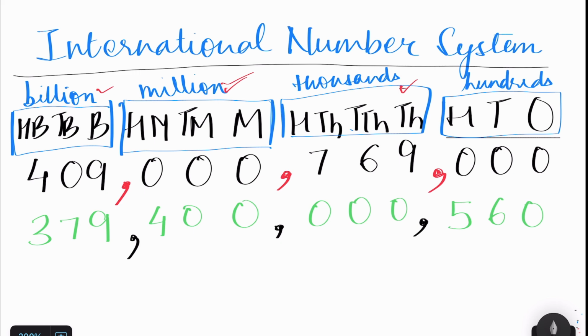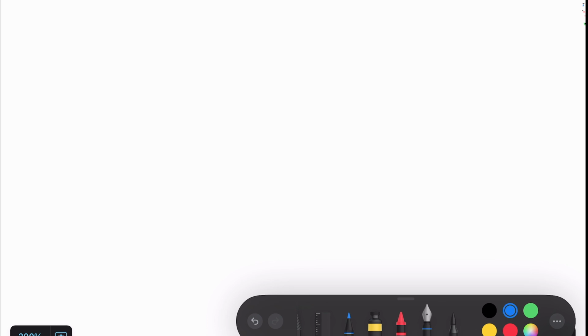And just for a quick revision, let me go over both the Indian and the international system once more so that you know that it holds no power over you. So we have the Indian and the international number system.